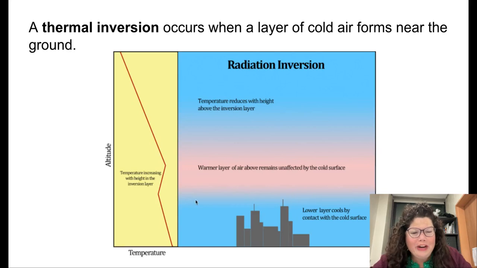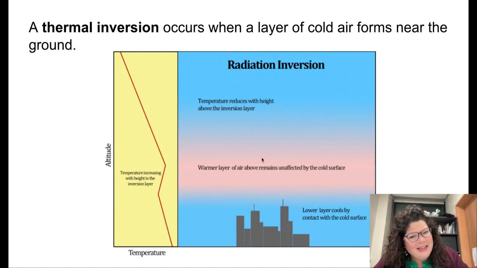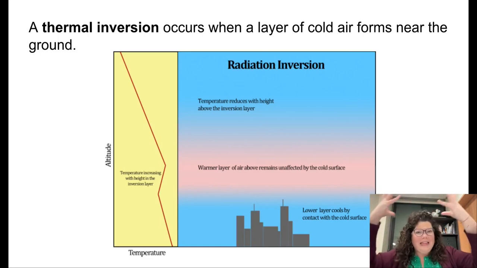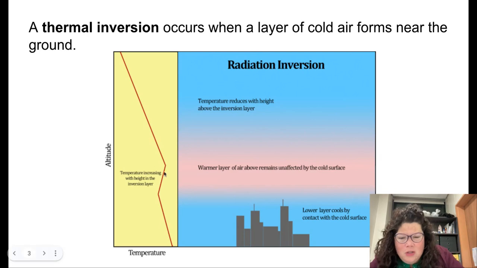This cold air here that is full of pollutants wants to dissipate. However, it can't because this warm air is less dense than this layer here. So these molecules can't relieve and they're capped, and therefore we see really bad air pollution in our cities due to these thermal inversions.